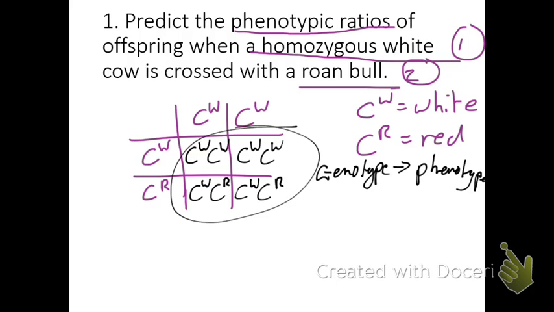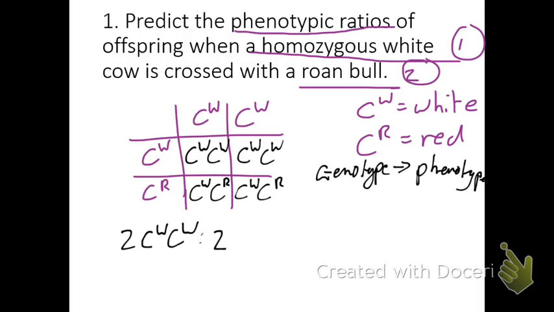So just like how you're always told to show your working out in mathematics, we're going to show our working out here. So the genotype is 2 CW, CW. Okay, so that homozygous white to 2 CW, CR. Therefore, 2 white to 2.